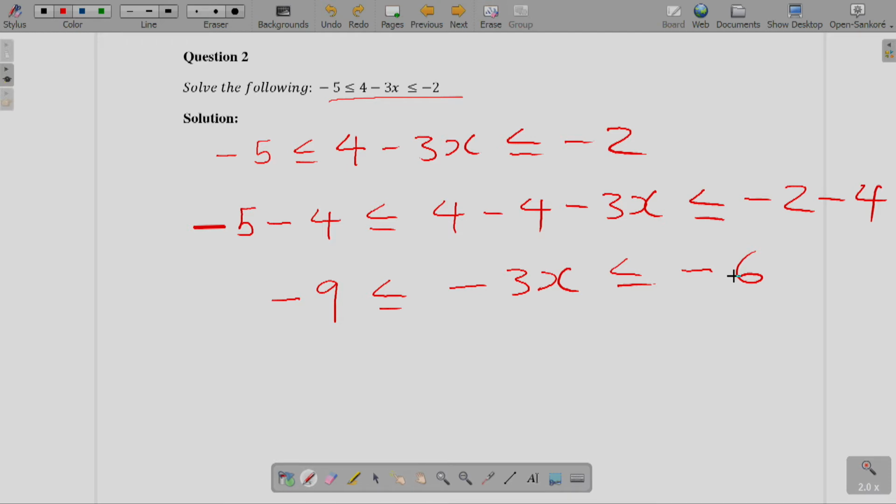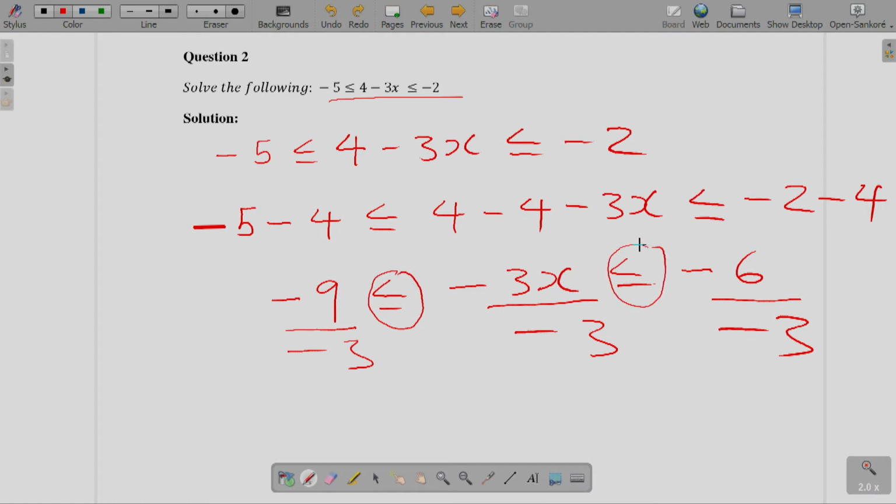Because we divide by a negative number, the inequality signs will change.